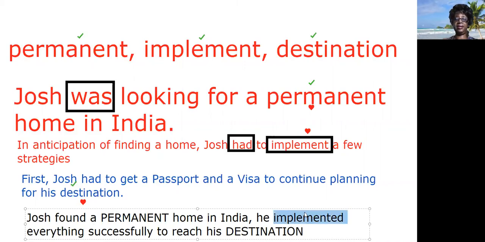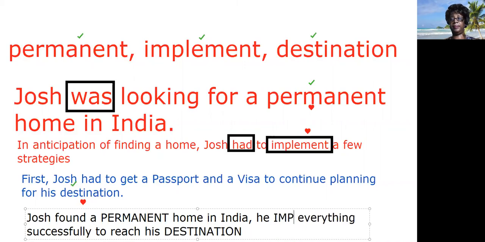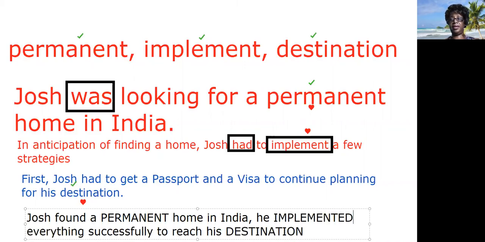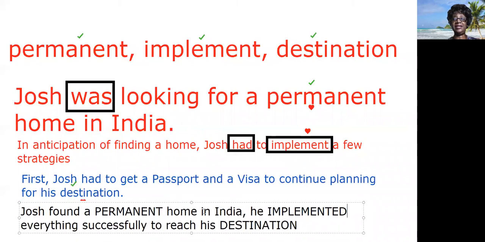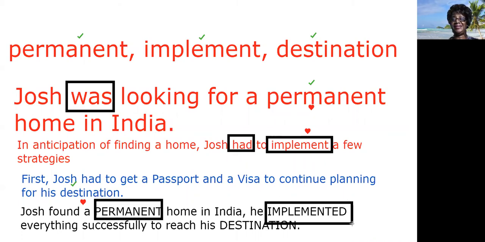I just wanted to capitalize the 3 words so that you could easily see them in my sentence. I'd like to see the sentence that you will be able to write. So we have, just for clarification, Josh found a permanent home in India. He implemented everything successfully to reach his destination.